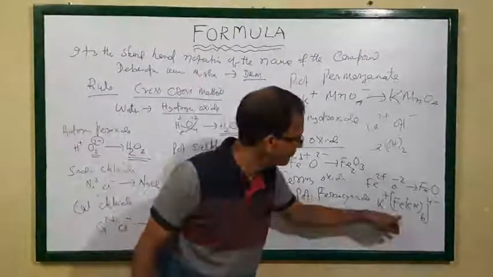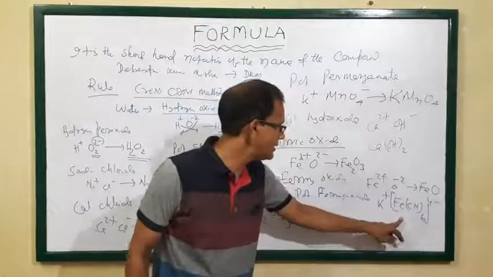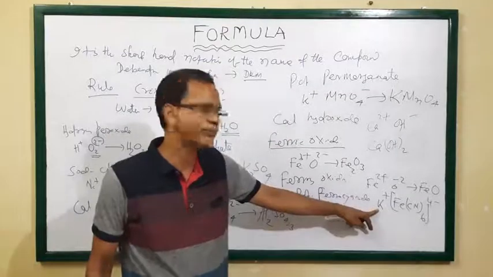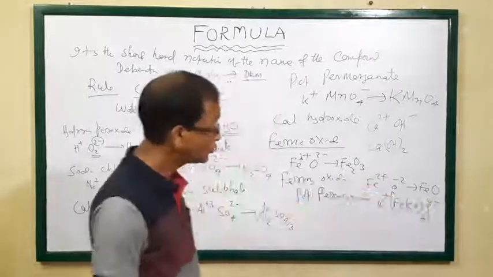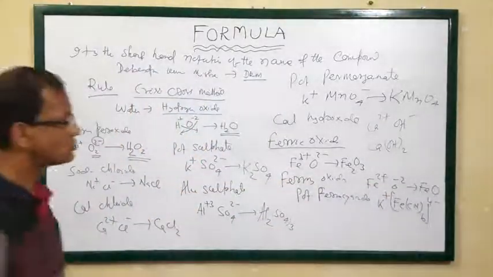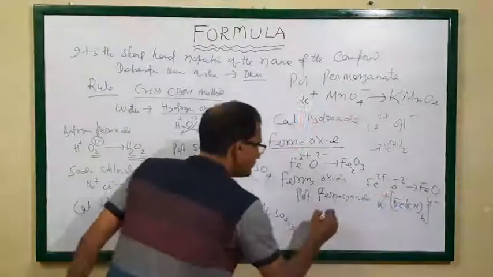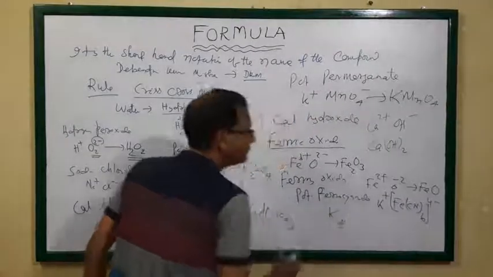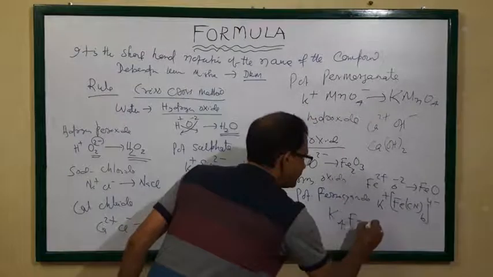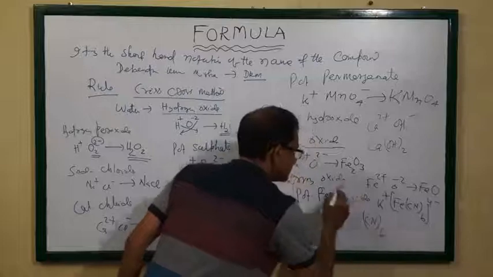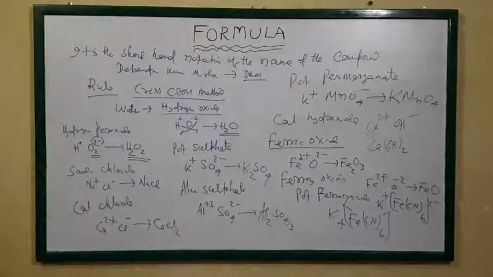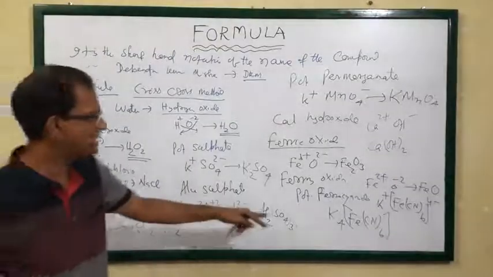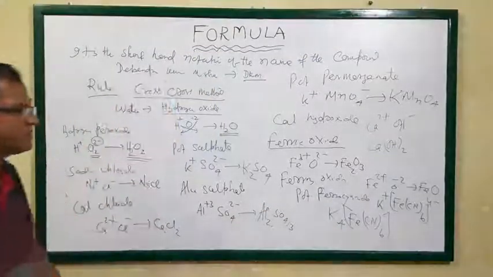This is the formula of ferrocyanide and this is the symbol of potassium. Potassium carries a single plus, ferrocyanide carries 4−. So I can write potassium ferrocyanide. 4 will be here: K4[Fe(CN)6]. So this is your potassium ferrocyanide.